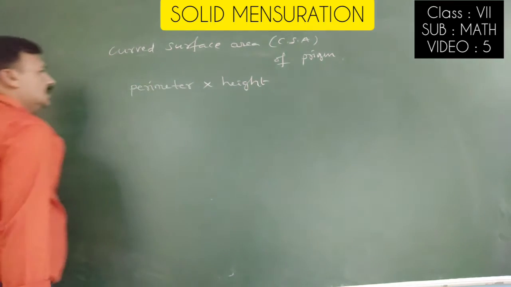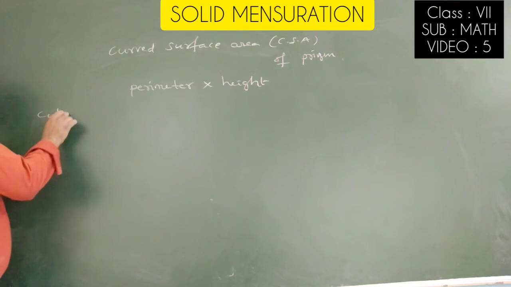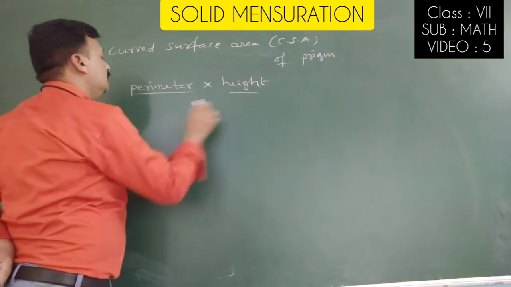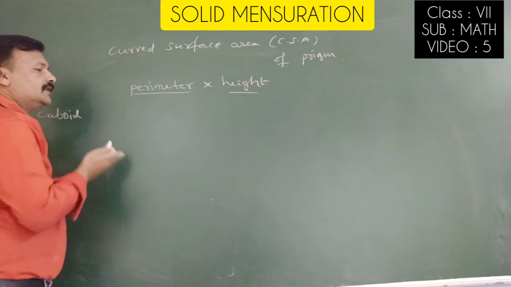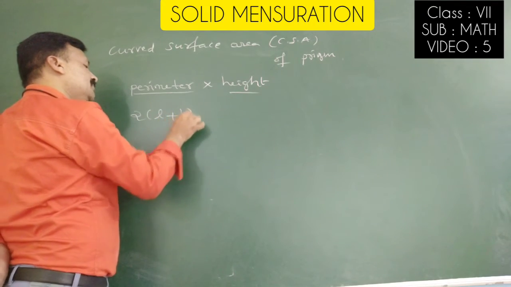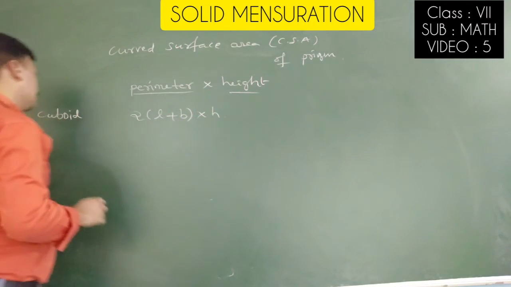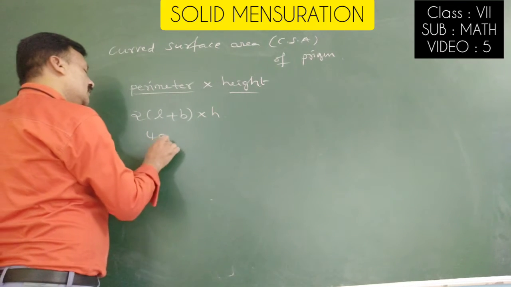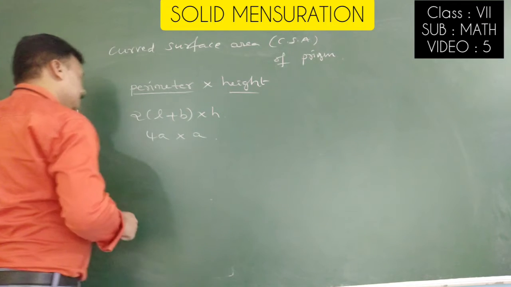Perimeter into height. In case of cuboid, the base is a rectangle, so perimeter is 2 into L plus B, into H. In case of cube, perimeter is 4A, height also A only.